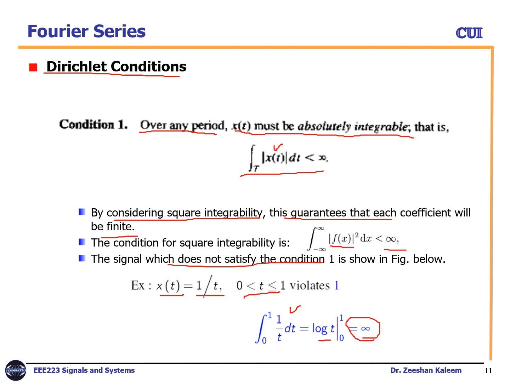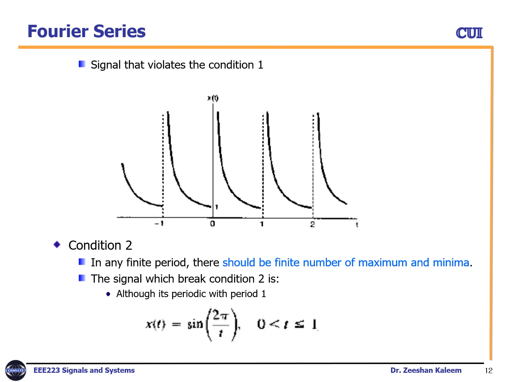It means that this signal is not absolutely integrable, so it is not possible to find the Fourier series of that signal. So the first condition is that x(t) must be absolutely integrable, right? This is the signal that violates condition 1 at some point.